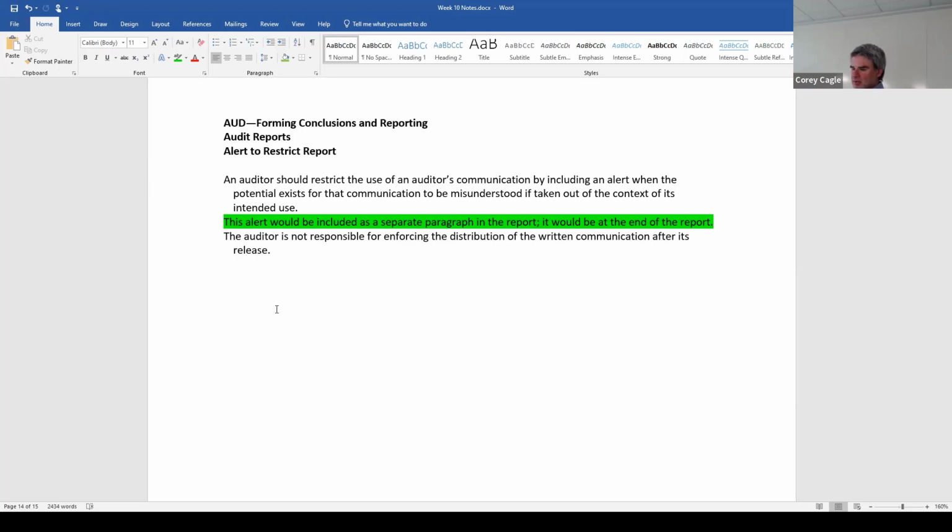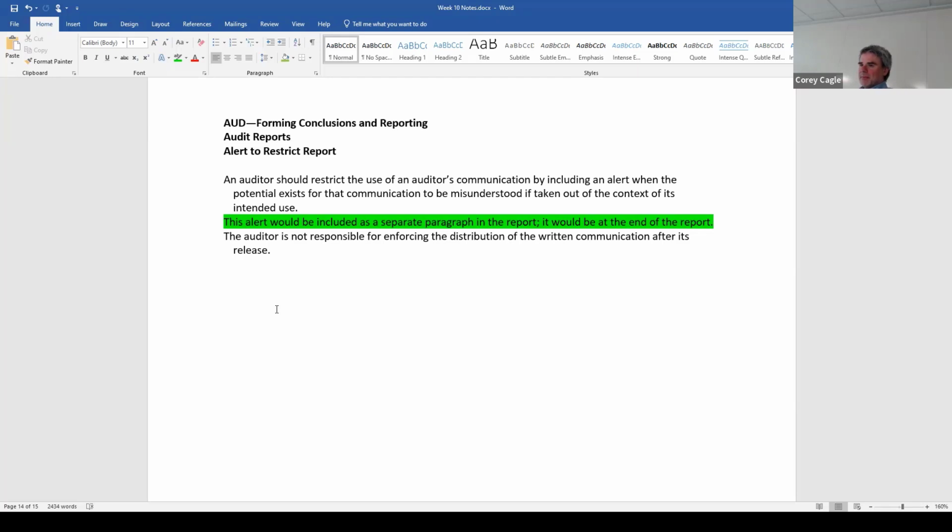That would be for the people we're doing it for. There might be cases where we're reporting under some regulatory basis of accounting, again, to show that we're complying with whatever their things are. There are some regulatory forms of reporting that are for general use. We wouldn't have to restrict those. So what we're talking about here is restricting that type of report where it's just for a few people or one person or whatever. So if that's the case, we, the auditor, should restrict the use of our communication by including an alert.